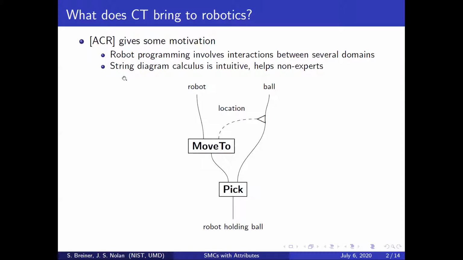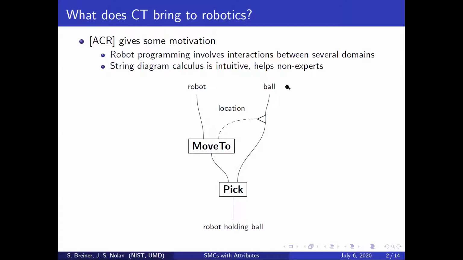There's also the fact that the string diagram calculus is a little easier to read and work with than traditional specifications. So that can help people who aren't experts in robotics get involved in the process and have some ability to influence the planning of things that they have a stake in.